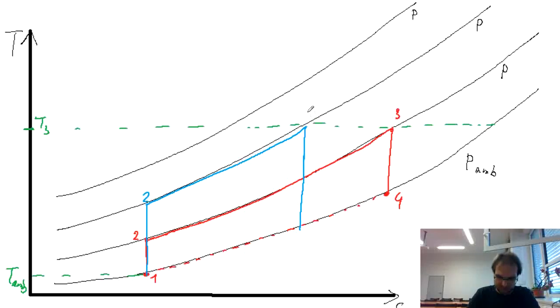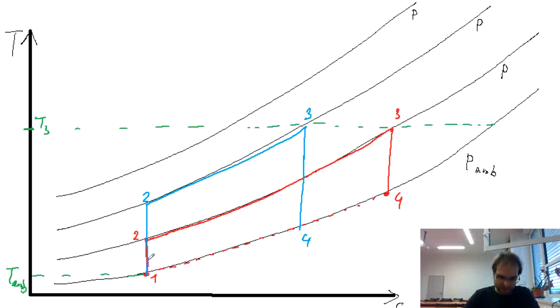So this would be 2, 3 would be over here, and also you can see what we have seen in the results of calculation, that the point number 4 is getting into lower temperatures, and point number 2 is going into higher temperatures.